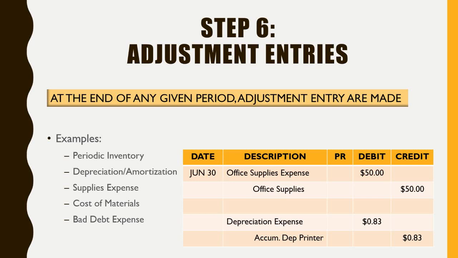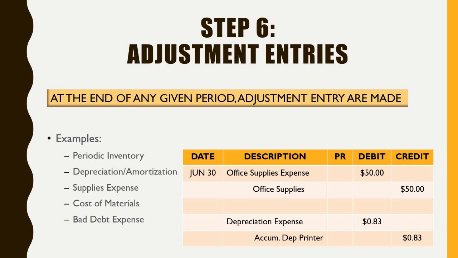Now, here's a catch, or here's a condition. Adjustment entries are only necessary to complete at the end of a given accounting period, okay? So whether it's daily, weekly, or monthly, it only happens at the end. So let's emphasize the word end here.